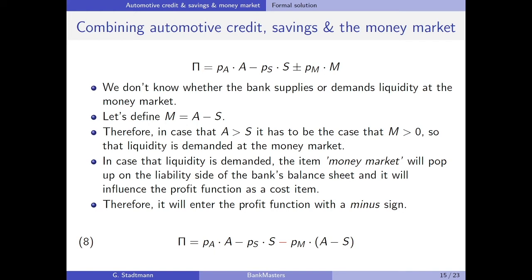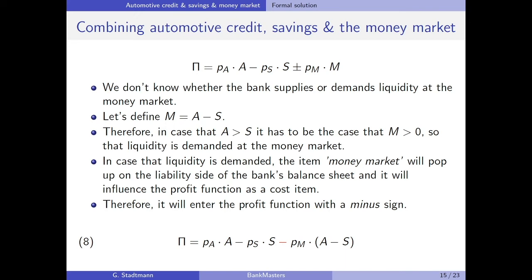So let's define M as equal to A minus S in here. If this is the case, then it means that A is greater than S, so M is greater than 0. So liquidity is demanded at the money market. That means that the credits demanded by the customers are greater than the savings of the bank.